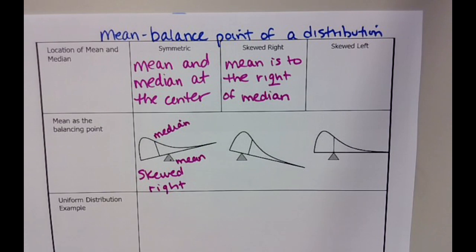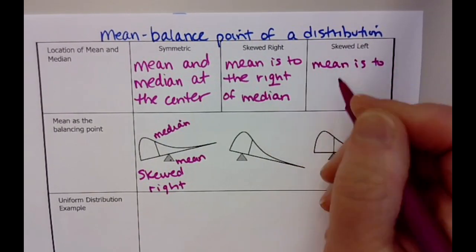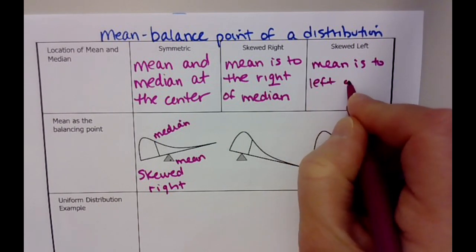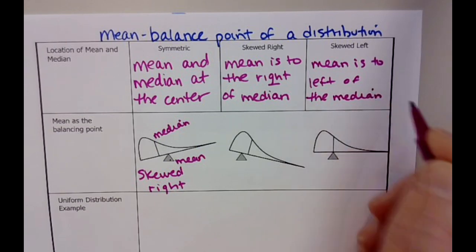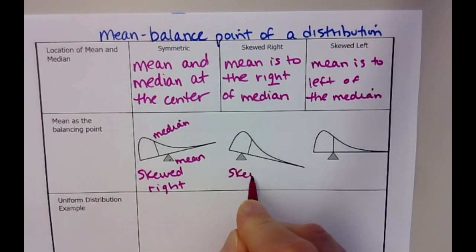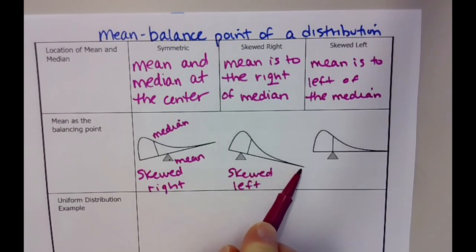If it's skewed left, the mean is to the left. So this is skewed left. Remember, skewed left means it's going to drop down towards the right.